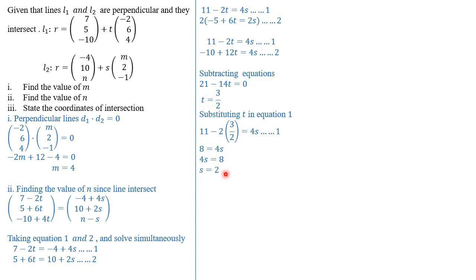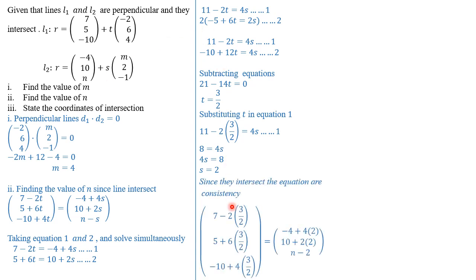So the next thing, now we know that these lines are intersecting, which means these equations are consistent. So if I substitute the value of t in place of t, and I also substitute the value of s where we have s, the left hand side also equals the right hand side. You can see here 4 is equal to 4, so the x part is consistent.